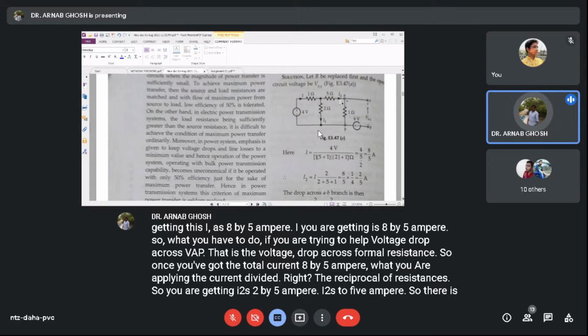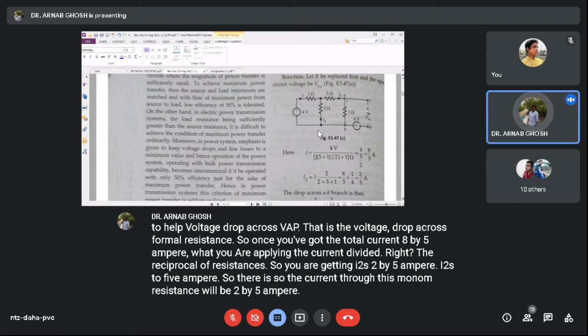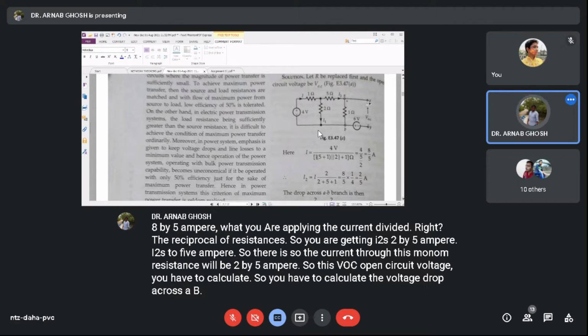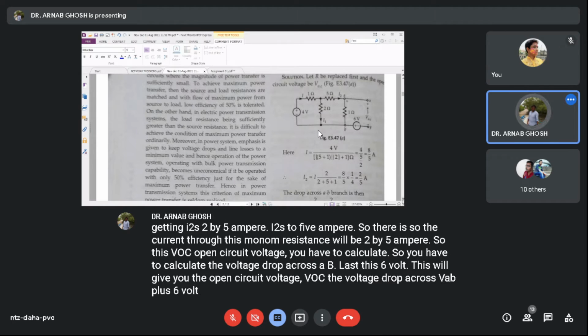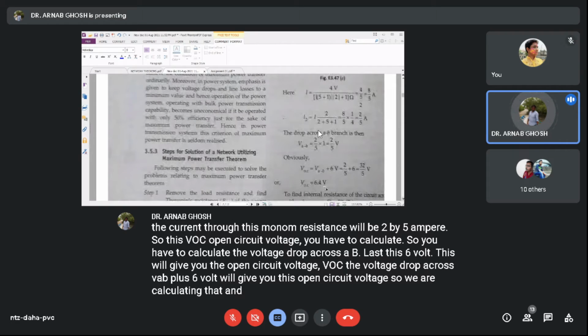So the current through this 1 ohm resistance will be 2 by 5 ampere. So for the open circuit voltage VOC, you have to calculate the voltage drop across AB plus this 6 volt. This will give you the open circuit voltage VOC. So we are calculating that and we are getting the open circuit voltage as 6.4 volt.